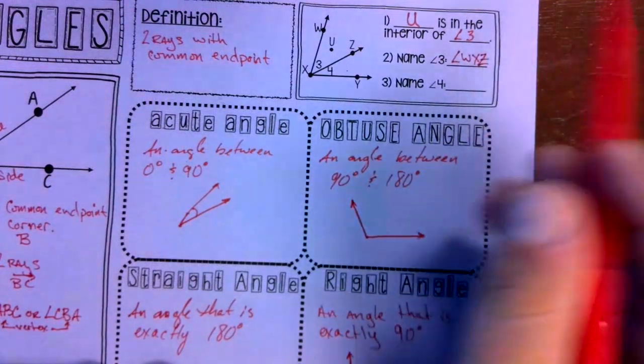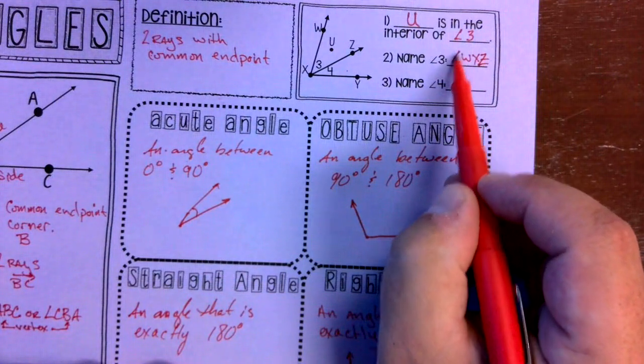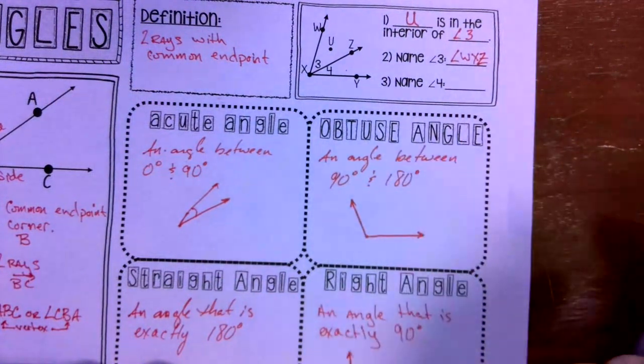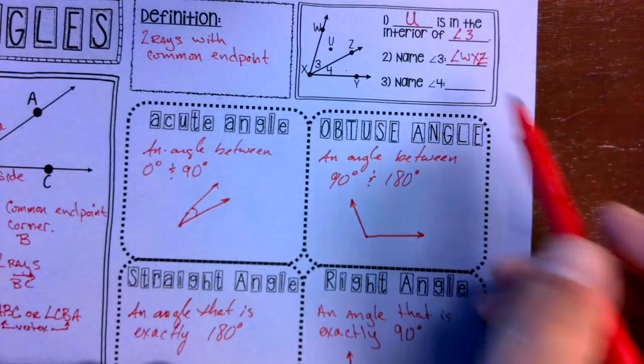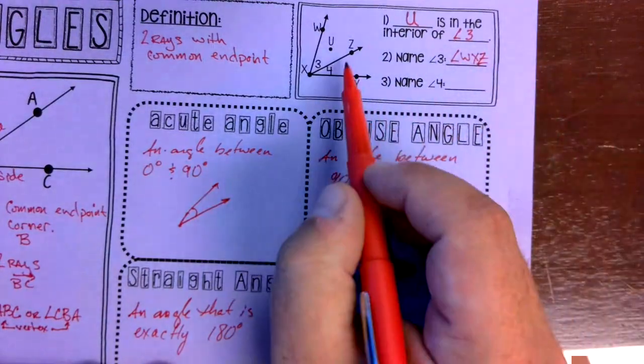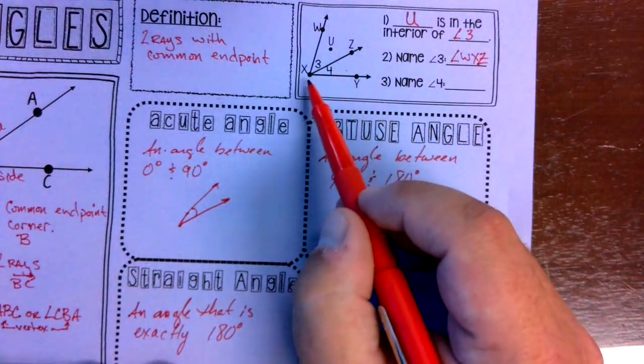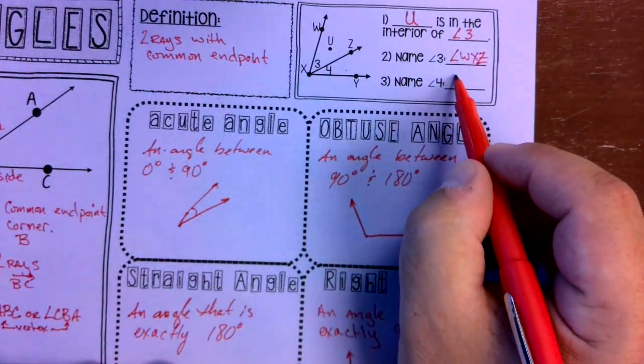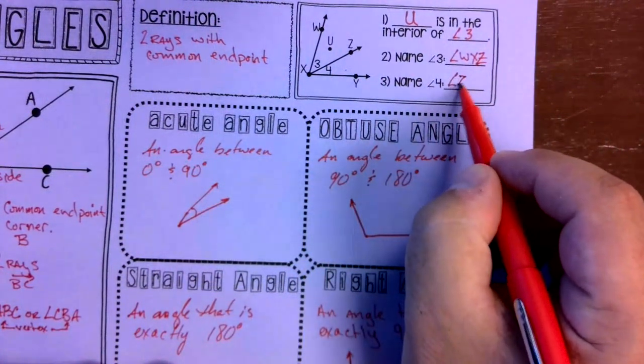Angle 3 is angle WXZ. And I forgot to tell you guys, when we do angles, we just put this little angle symbol in front of it just to make sure that we know we're talking about an angle. So use that angle symbol. Angle 4, I could name that angle ZXY.